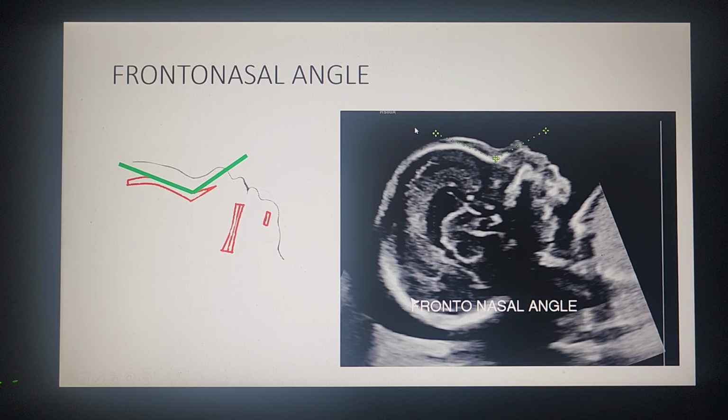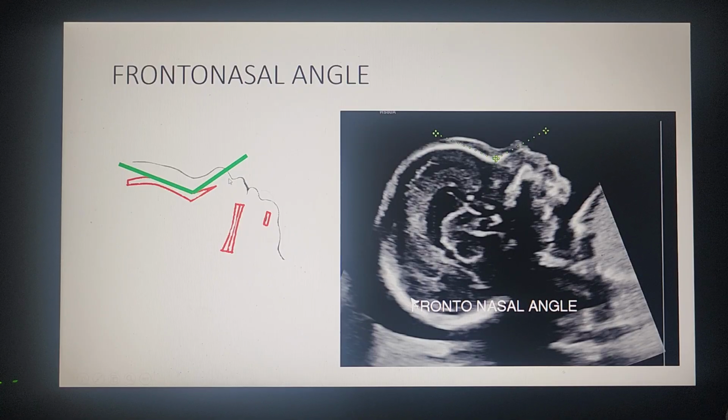You can see my arrow here. Then you have the nasal bone coming out from the frontal bone at a particular angle. So we have a scope to do what is called a frontonasal angle measurement.